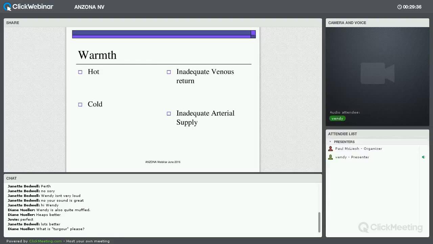So if you're feeling the difference between the two limbs and one is very, very hot, that could be venous congestion, suggesting inadequate venous return. And if it's cold, and for anyone that has felt someone with neurovascular compromise, it can be a really icy cold feel, that would be suggestive of an inadequate arterial supply to the limb.